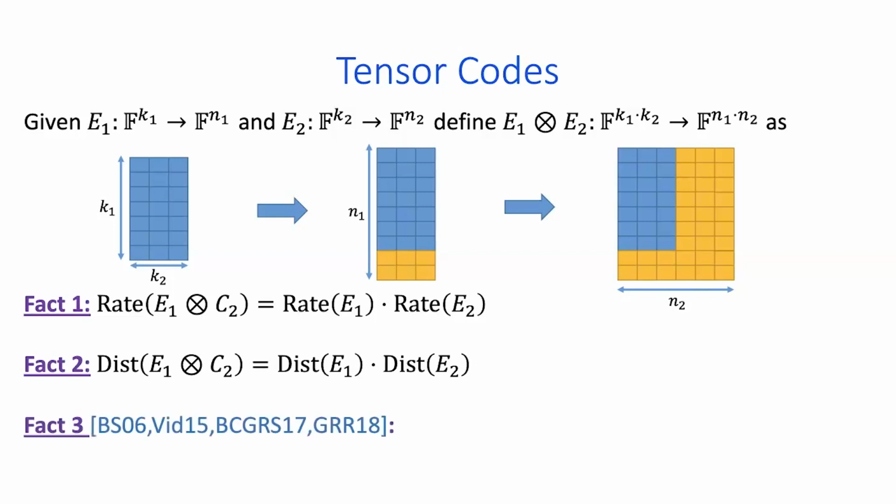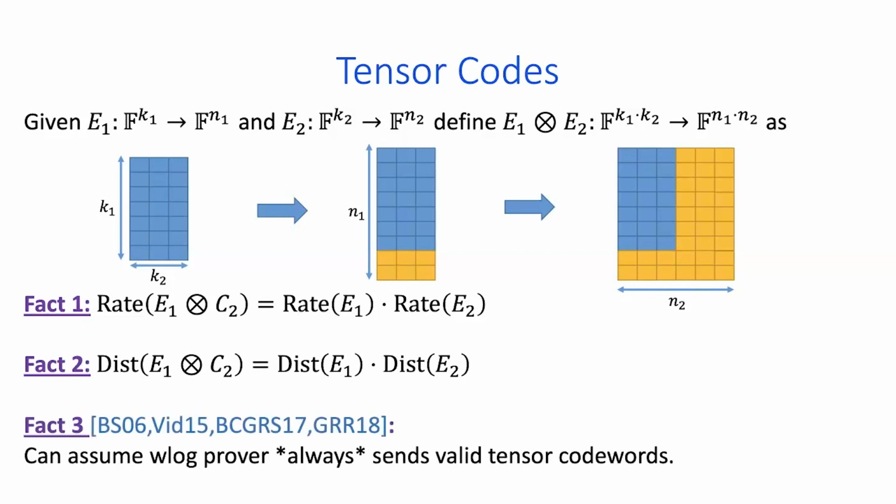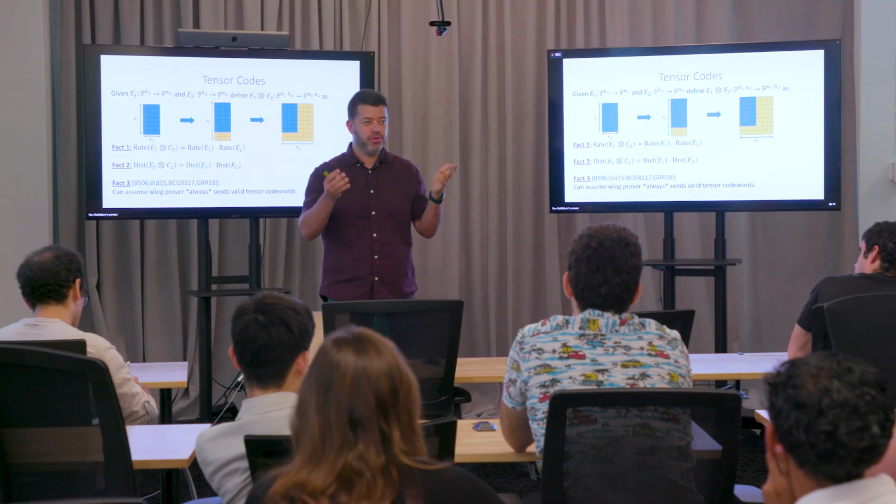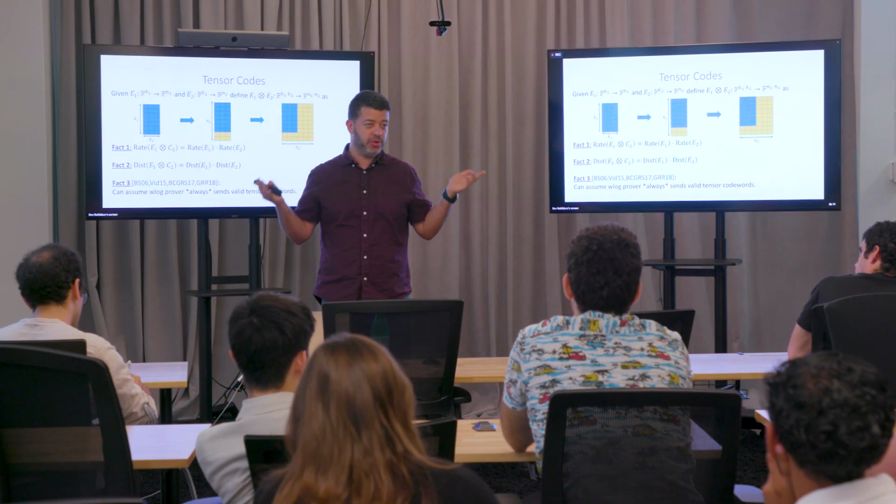Lastly, an important and very useful fact, the technical term is that tensor codes are locally testable and locally correctable. I won't define what these notions mean, but what it basically means is that when I'm designing an IOP and I instruct a prover to send over a code word that is supposed to belong to the tensor code, an honest prover will do that. A cheating prover can do whatever it wants.